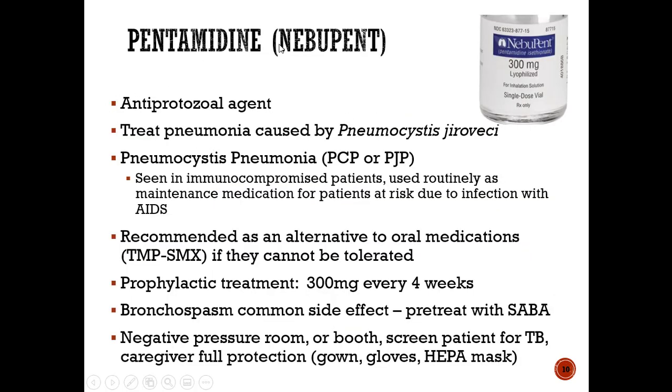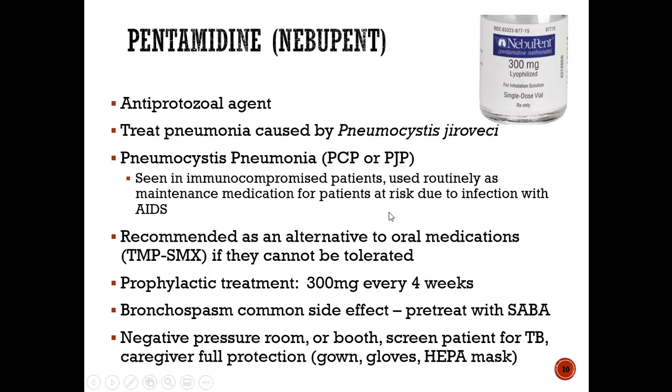So pentamidine, which you should have talked about in pharmacology, is an antiprotozoal agent. It's used to treat a pneumonia caused specifically by Pneumocystis jirovecii. You'll see it abbreviated as PCP or PJP. It's a Pneumocystis pneumonia, and it's primarily seen in immunocompromised patients.